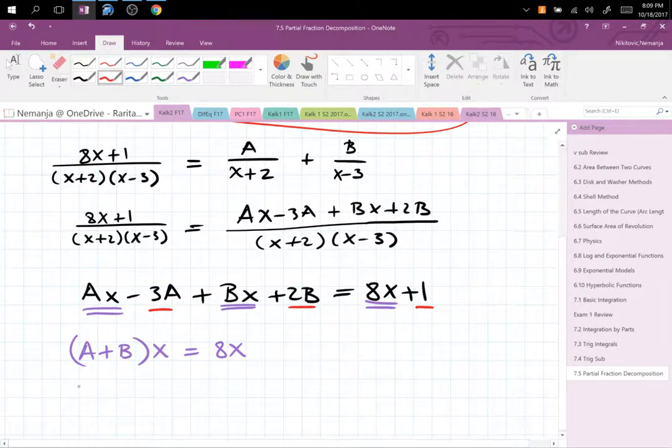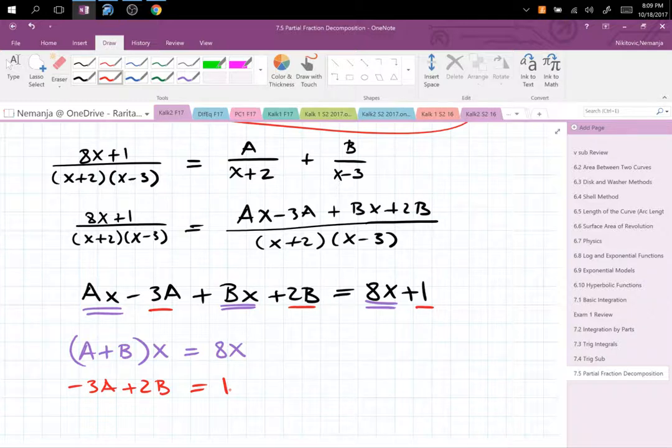And for the other one, you have negative 3a plus 2b is equal to 1. So you write two equations out of one equation. You compare coefficients of x on the left with coefficient of the x on the right, and you compare constant on the left to the constant on the right. So all the purples go on the pile and have their own equation, and all the reds go on the pile and have their own equation.